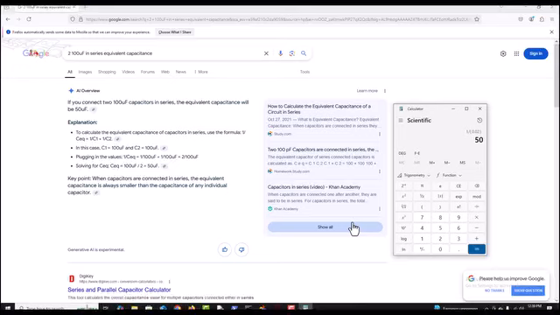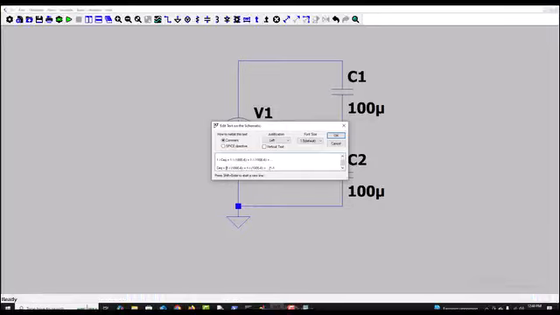So if we have two 100 microfarad capacitors and we add them in series, mathematically we're going to add them in parallel, it's going to be 50 microfarads. So the value is going to be halved.